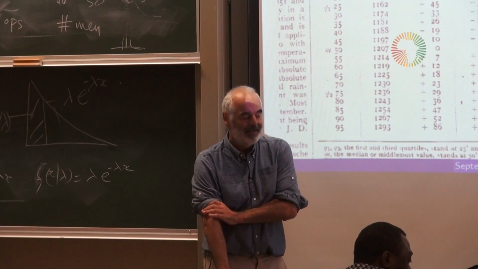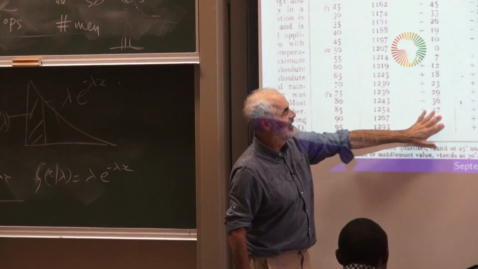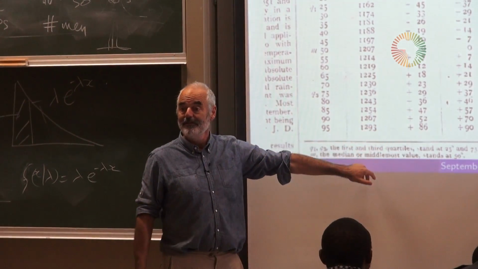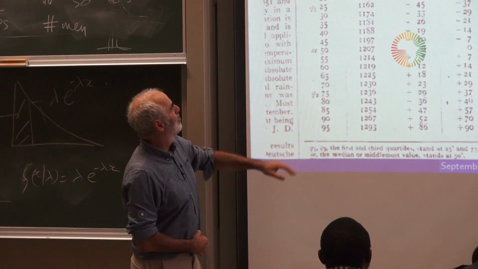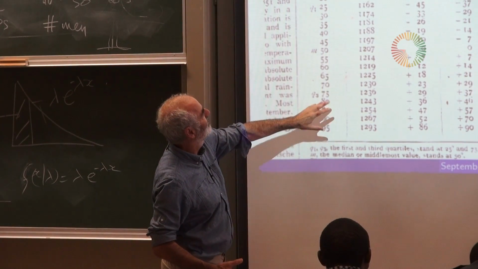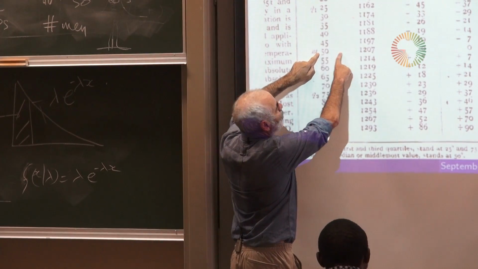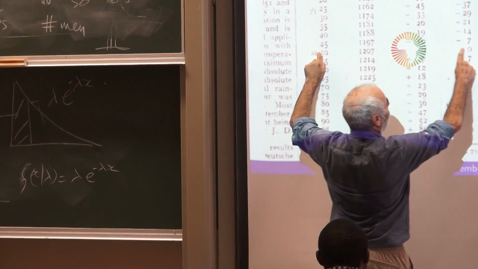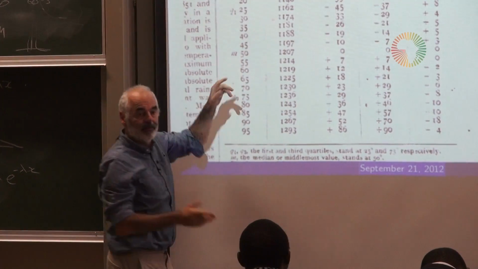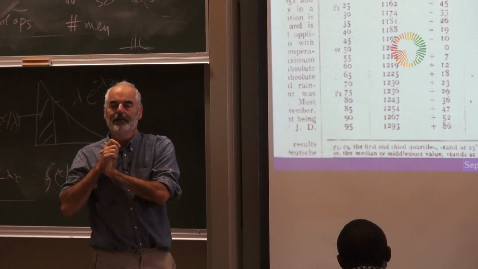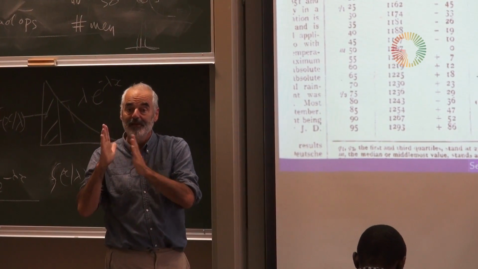So he recorded all the values, all the 787. And what he did was plot them out. We could look at this data later. He plotted all this out and found the median was £1,207. That was the middle value. Remember, the median is the middle value, the 50th percentile of the data.